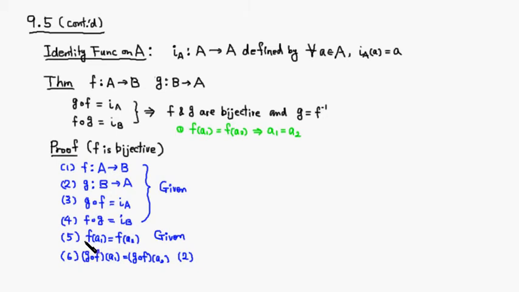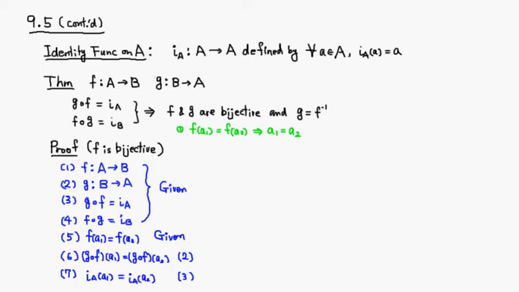If you apply g to f of a1, you get g of f of a1, and if you apply g to f of a2, you get g of f of a2. Next line: since g of f is an identity function on A, line number 3, we know that the identity function of a1 is equal to the identity function of a2.